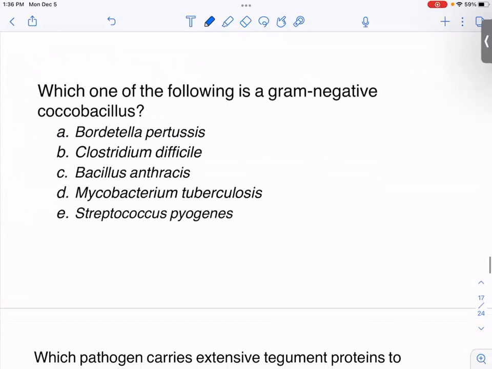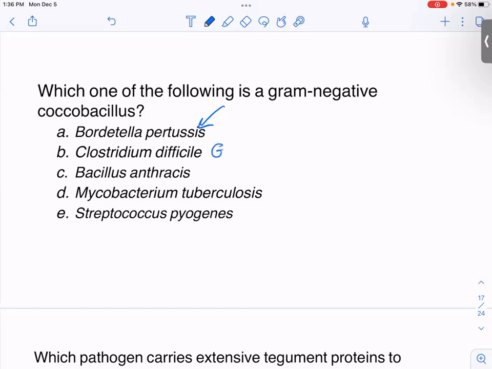All right, which one of the following is a gram-negative coccobacillus? In fact, it might be good practice to think, let's see what all of these are. It's Bordetella pertussis. That's the coccobacillus, halfway between a round cell and a rod.